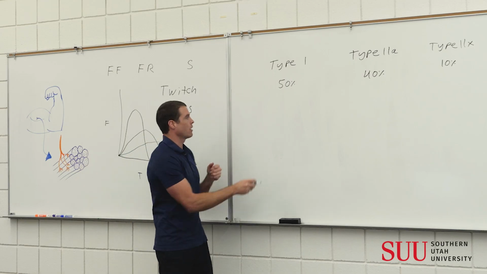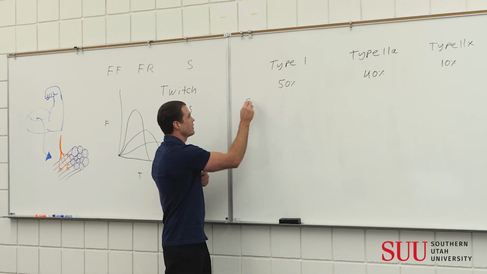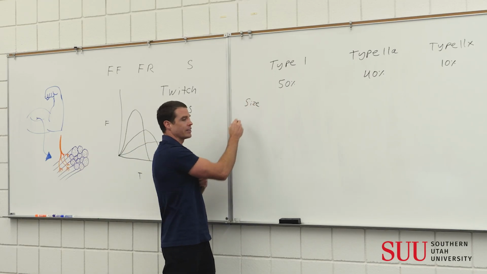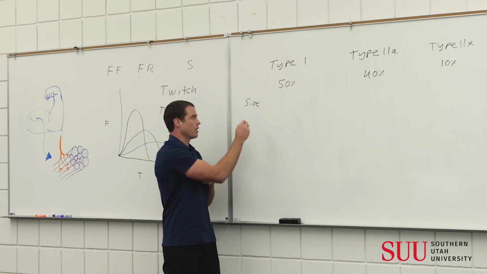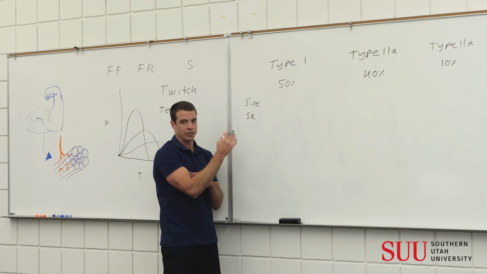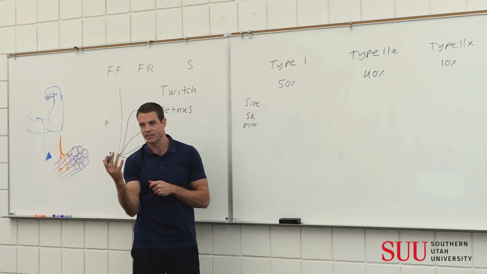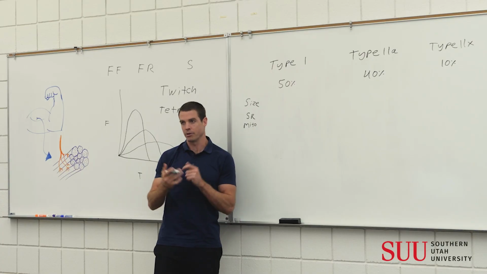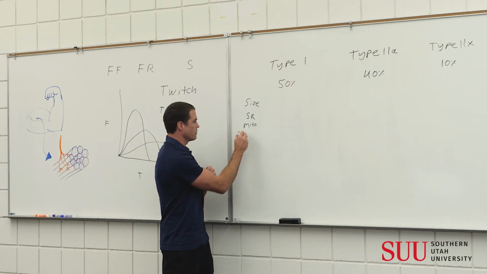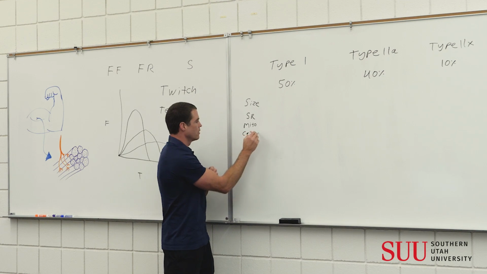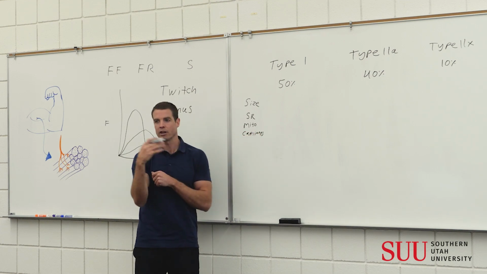So if we think about the size, you can think about, say, the SR, the sarcoplasmic reticulum inside of them. You can think about the mitochondrial density. Okay, so mitochondrial density. You have maybe blood supply, so you can put capillaries. What are the things that are in there?